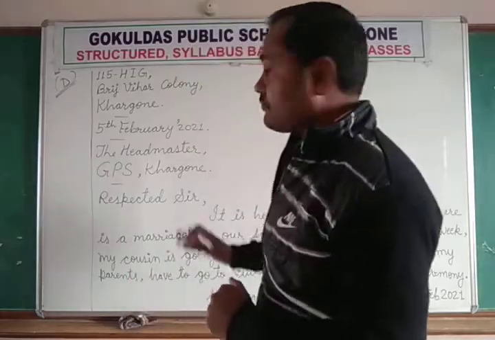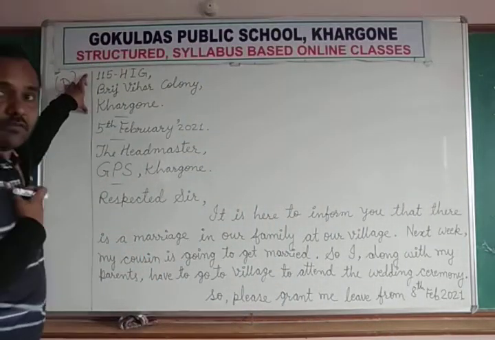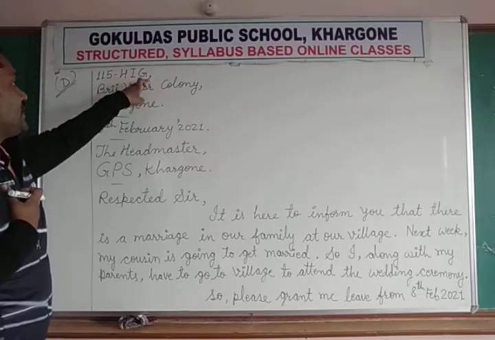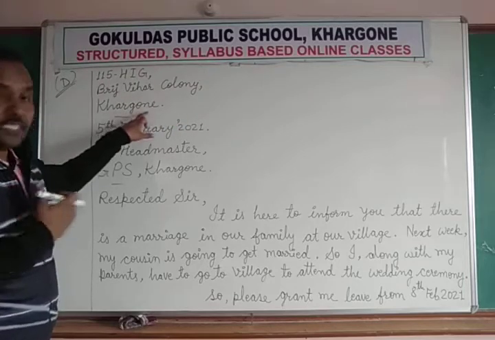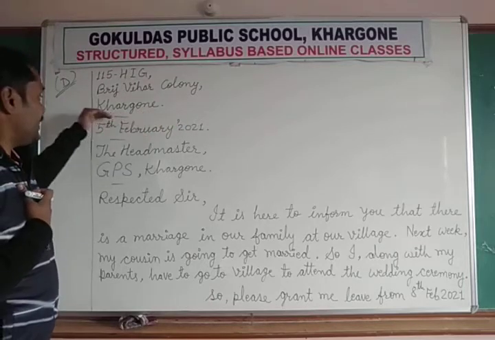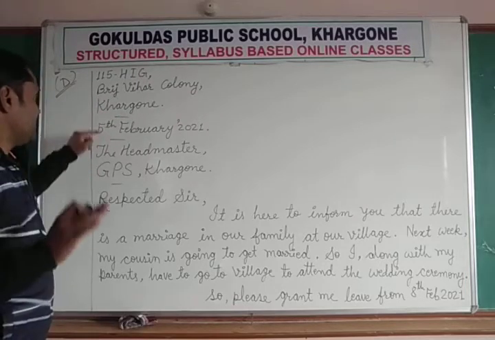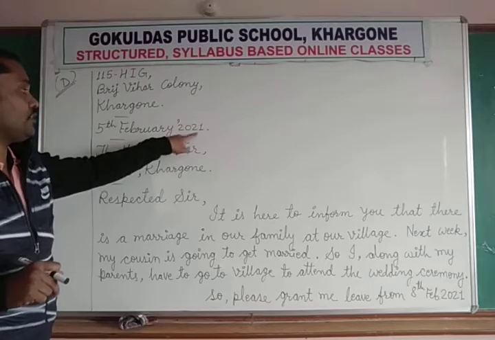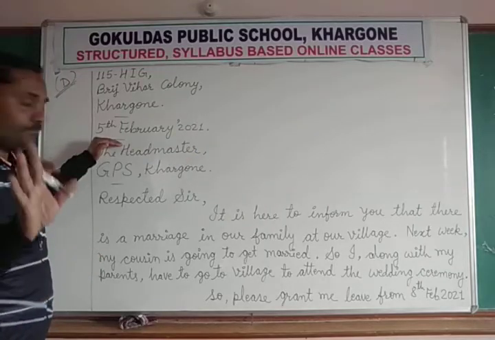So first thing we need to do, first we write our own address. Suppose I have written 115 HIG Bridge Vihar Colony, Khargone. This is my address. Then leave one line blank, skip one line. Then today's date, suppose 5th February 2021. Then again skip one line.